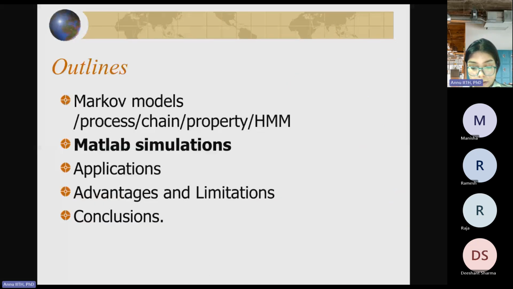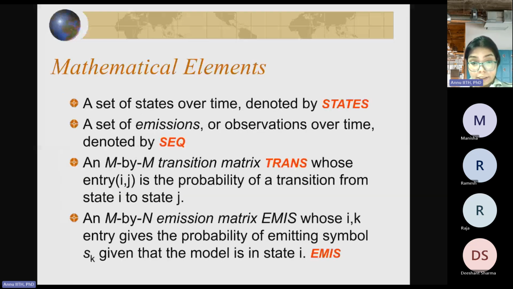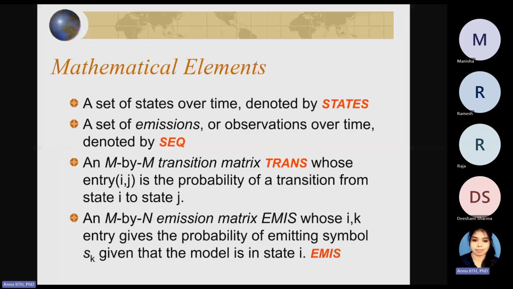So sorry. Yeah. So, mathematical elements: a set of states over time denoted by states, and a set of emissions or observations over time denoted by SEQ. Now, an M by M transition probability matrix, whose entry ij is the probability of a transition from state i to state j. I hope that you agree. Then an M by N emission matrix, whose ik entry is the probability of emitting symbol Sk given the model is in state i.